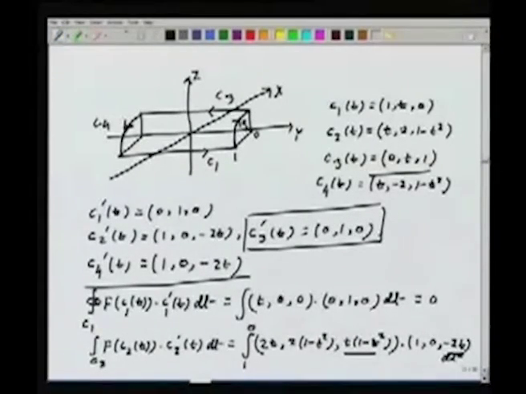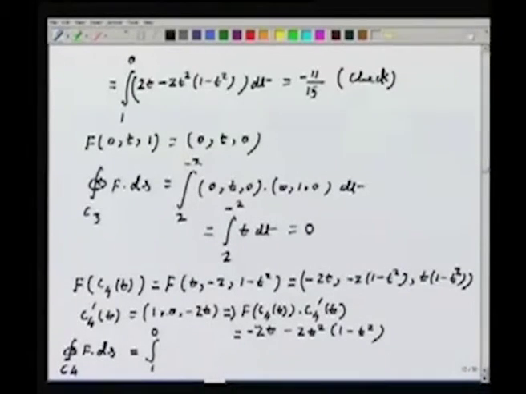Let us look at it again. X varies from here to here. This anyway I know is 1, this length is 1 as I have written here, and this is 0. So the variation of x in this case is the reverse of C2. In case of C2 it was varying from 1 to 0. In case of C4 it will vary from 0 to 1.